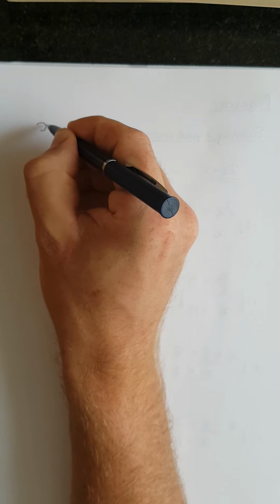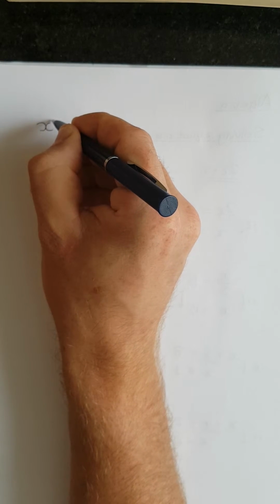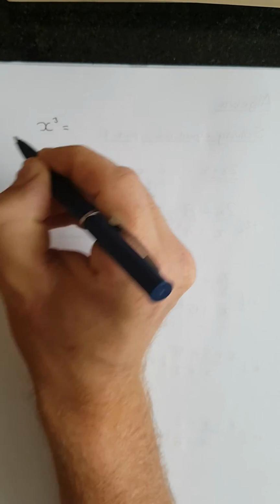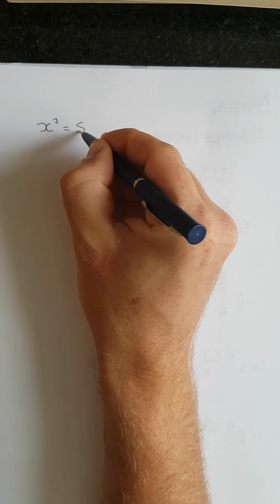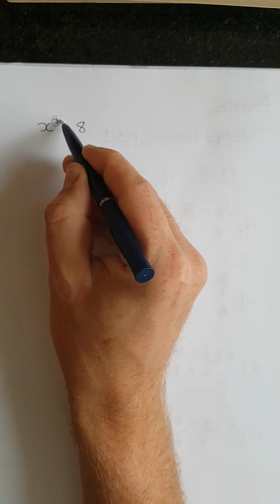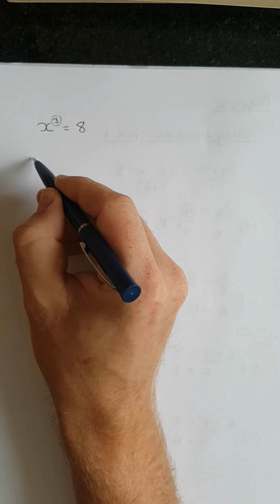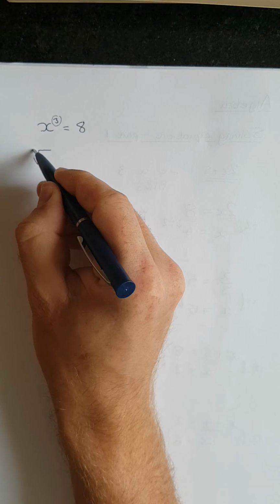So, here's one. x cubed equals 8. Now, in order to find x, we need to do the inverse of cubing it, which is the cube root.